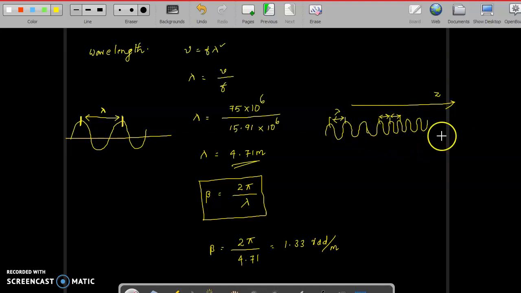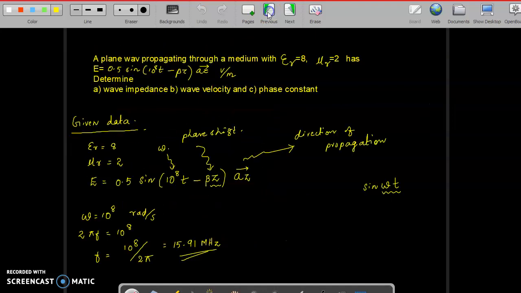The change is represented using this beta, the phase shift constant. The phase is shifting. So finally we obtain all the expressions demanded in the question: the wave impedance, the wave velocity, and the phase constant, that is beta.